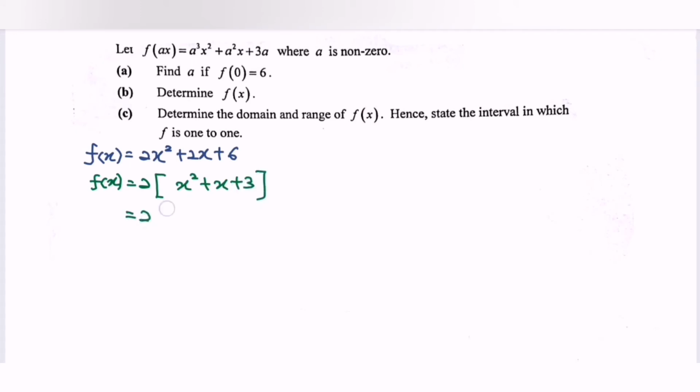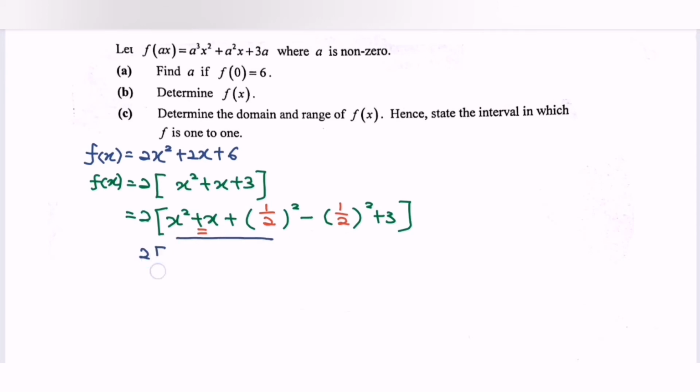So here we have 2 (x squared plus x plus (square) minus (square) plus 3). In this part, focus on the x. We have 1, so in here we have 1 over 2, and the same goes to this part, 1 over 2. Next, simplify the situation. So 2 (x plus 1 over 2) squared minus 1 over 4 plus 3.